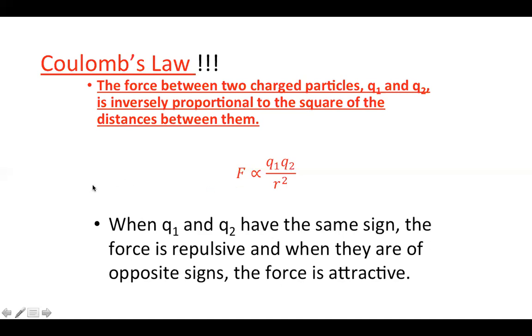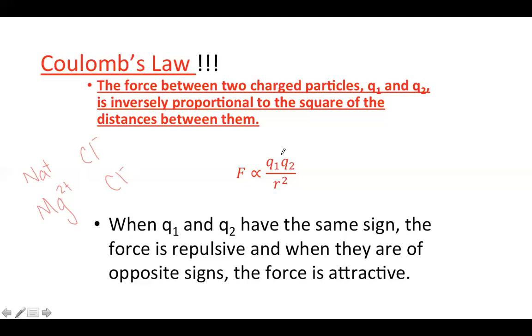So for instance, if we're looking at Na+, here, let me write this out. If we are looking at Na+ with Cl-, versus Mg2+ with that same Cl-, the magnesium ion would have a greater attraction to that chloride ion because there's a greater charge.